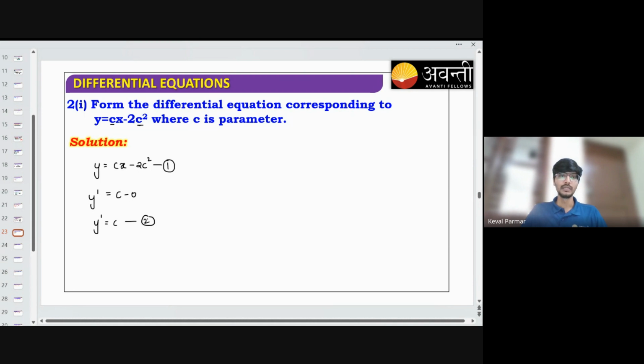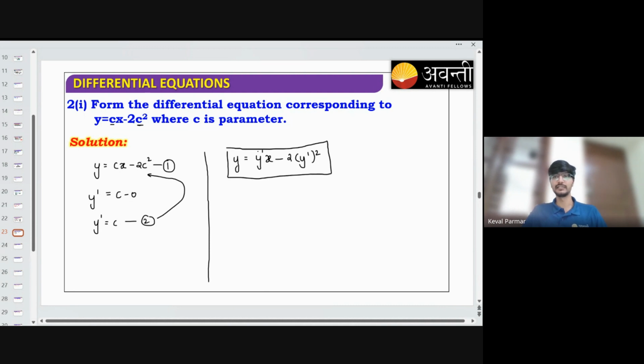Equation number 2. Substitute 2 in 1. If I substitute 2 in 1, I'll get y equals y dash into x minus 2 into y dash squared. So this differential equation does not have an arbitrary constant.